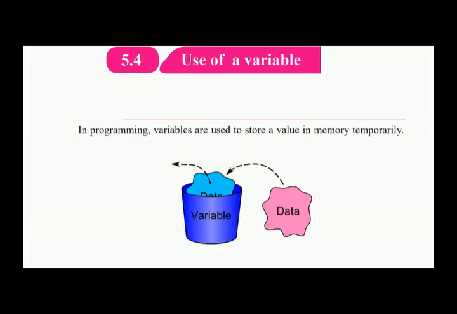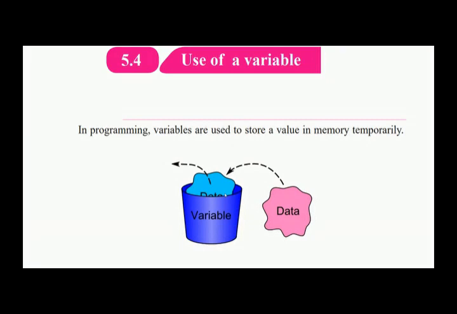Okay, now look at this example. I mean, look at this picture. Now, this is a container, right? So a variable is like a container. You can store data in that variable. So if you think of this variable as the width of the rectangle, what we are putting inside is values for the width.